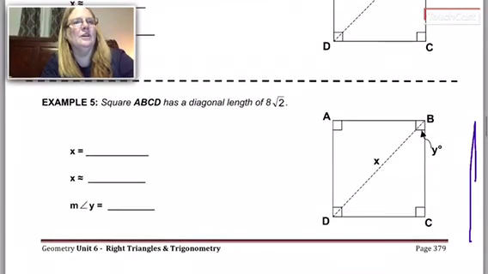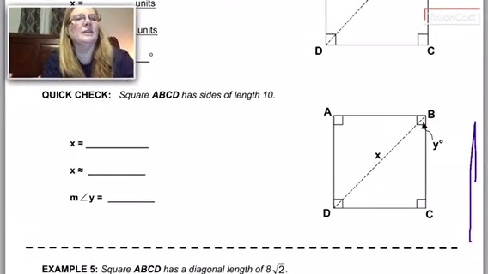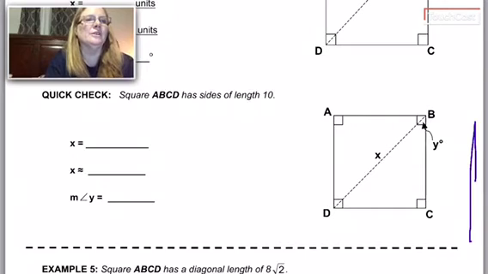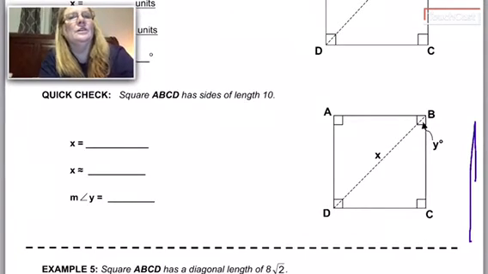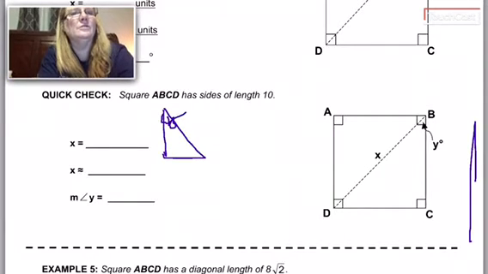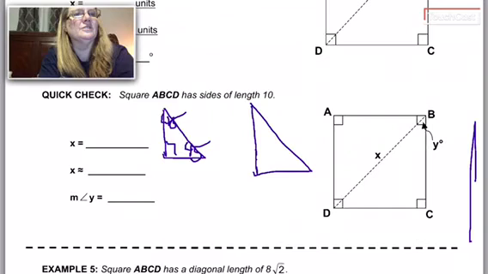Okay, before we go to the next example, let me show you another picture here. So this is the pattern that you should start to see. I'm going to draw some triangles. These are all supposed to be 45, 45, 90.